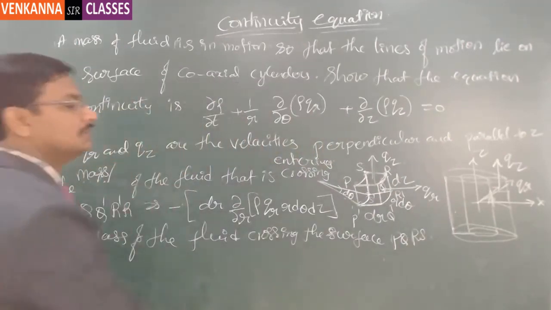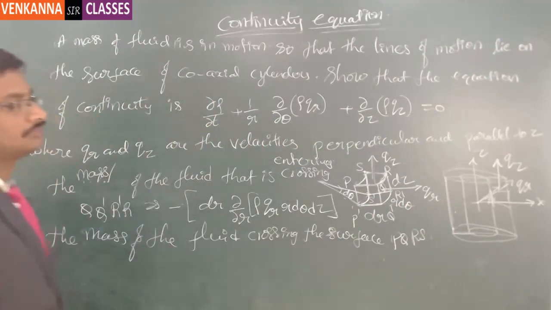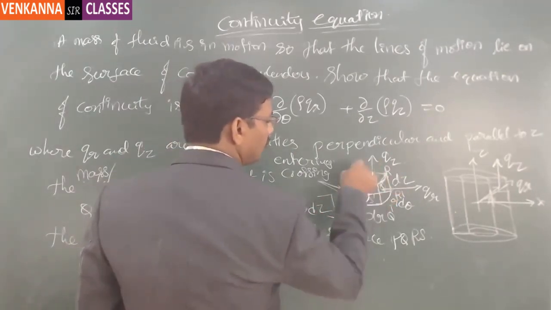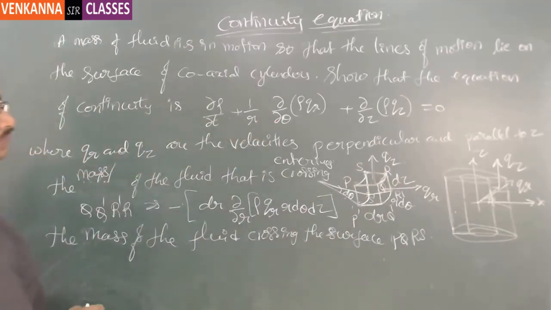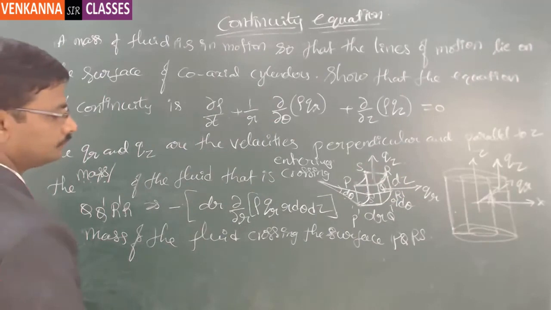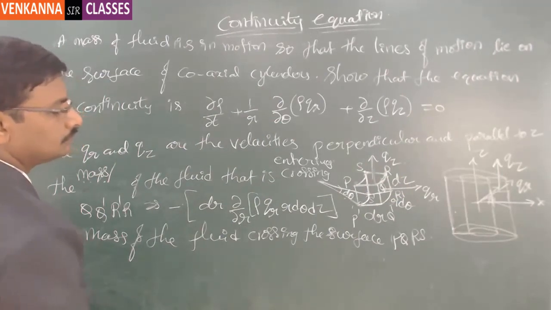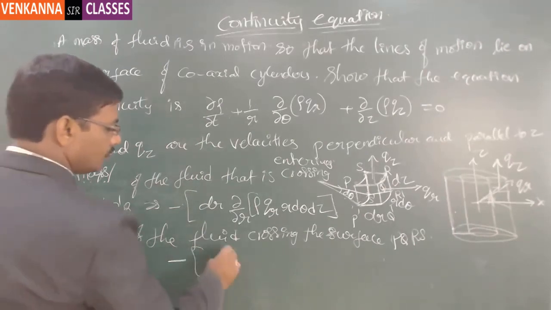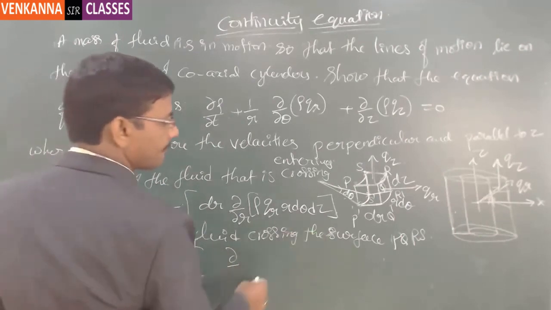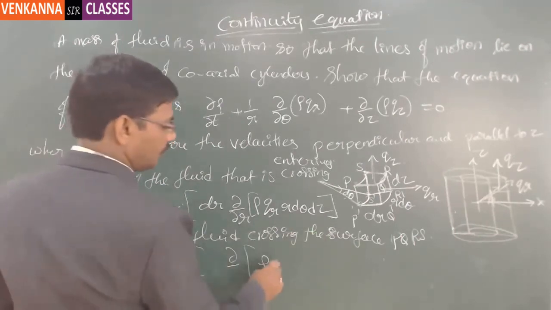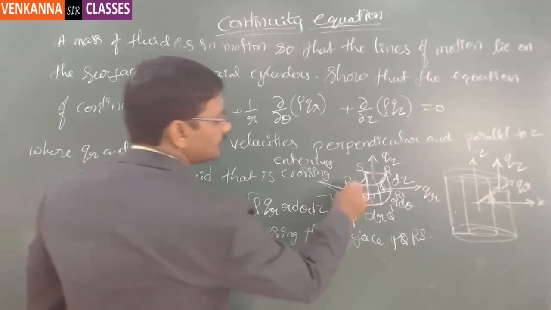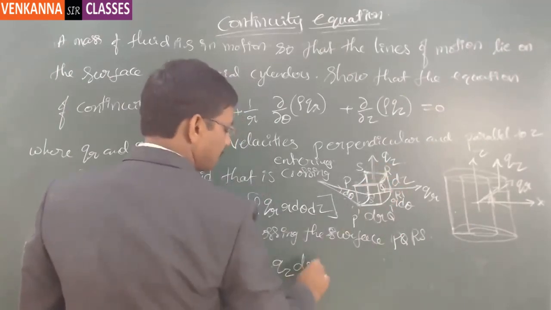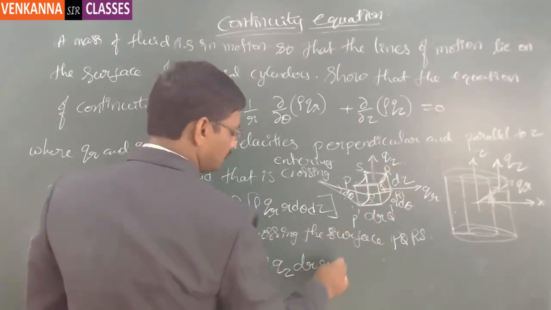So here, this is the way it is coming, right? Then the area of cross section of PQRS is dr into r dθ. Minus ∂/∂z of rho into qz into, so this is the area of cross section, this length is dr, this is r dθ, dr into r dθ.